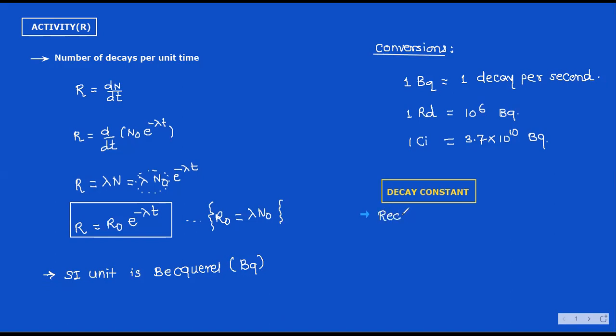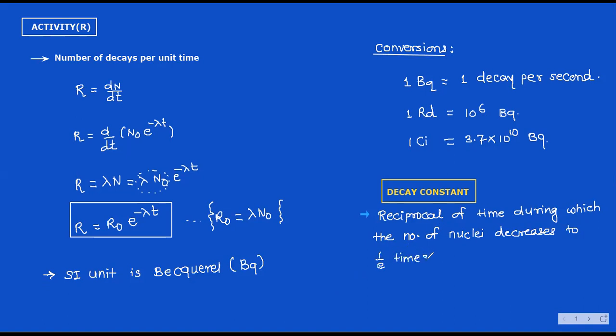We can define it like this: the reciprocal of the time during which the number of nuclei decreases to 1 by e times their original value.